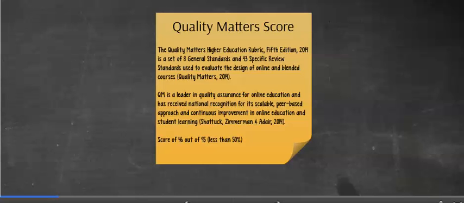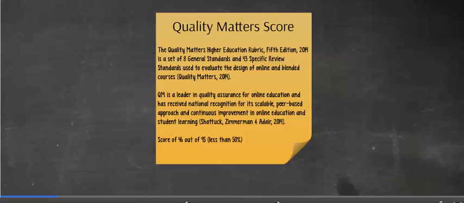One of the first evaluations that I did on this open courseware course is the Quality Matters score. The Quality Matters Higher Education Rubric, 5th edition, 2014, is a set of 8 general standards and 43 specific review standards used to evaluate the design of online and blended courses. Quality Matters is a leader in quality assurance for online education and has received national recognition for its scalable peer-based approach and continuous improvement in online education and student learning.